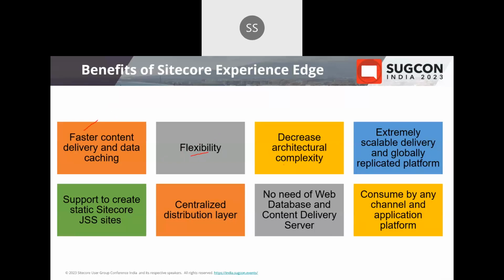Overall, it will decrease your architecture complexity because in any architectural system, you can use this API and consume these assets. Now, this is an extremely scalable delivery and globally replicated platform because of the CDN, and that's why it provides its content using a high performing Sitecore hosted API.